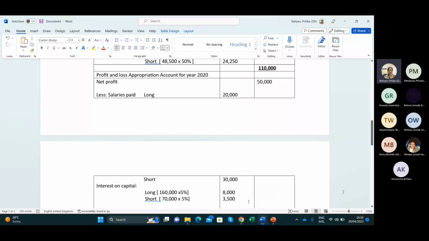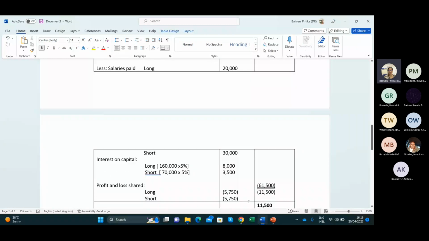So the interest which is paid is 11,500, because in the profit and loss sharing ratio, either profit or loss, they share in the same ratio. In this question, they are sharing equally. So the loss of 11,500 has to be shared equally by the partners Long and Short, which makes 5,750 each. So that's how we prepare the appropriation account for year 2020, right?